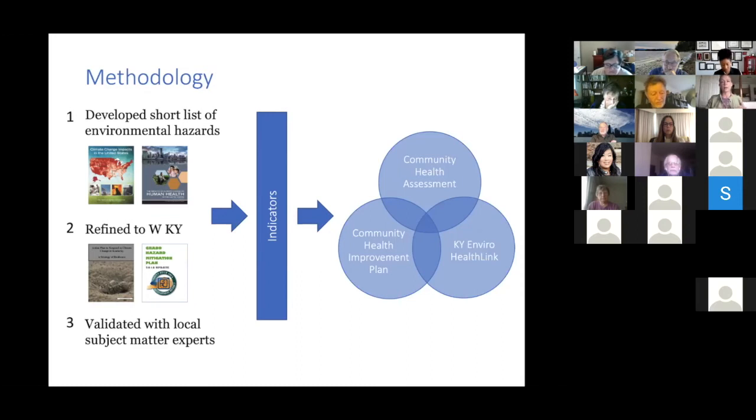It also gave them, because we were using reputable, validated metrics, the ability to identify benchmarks and goals that they could put into the community health improvement plan and see whether the interventions that they were putting in place were actually effective. And then finally, we were helping to seed this portal that was developed by the state health department that's called the Kentucky Enviro Health Link portal.